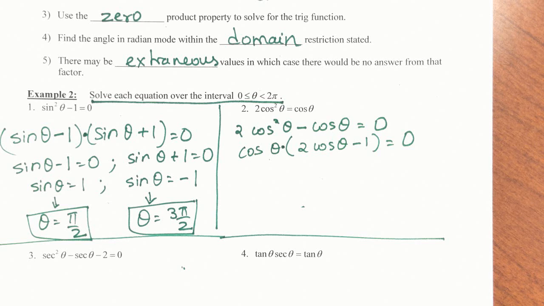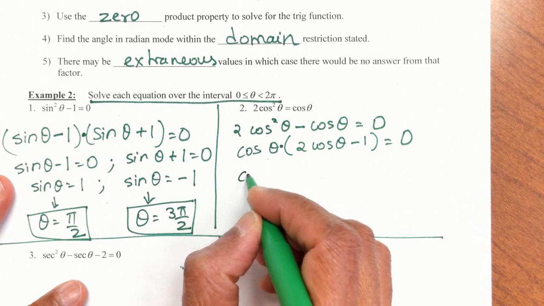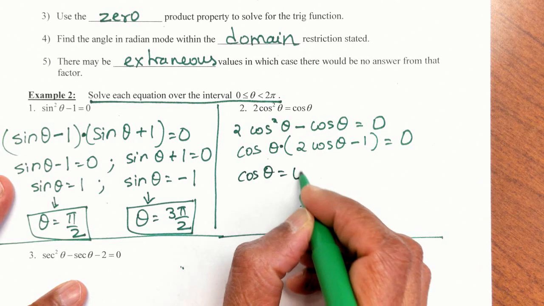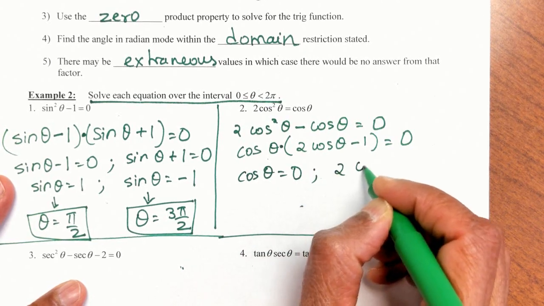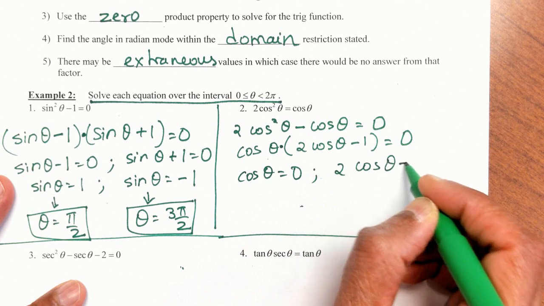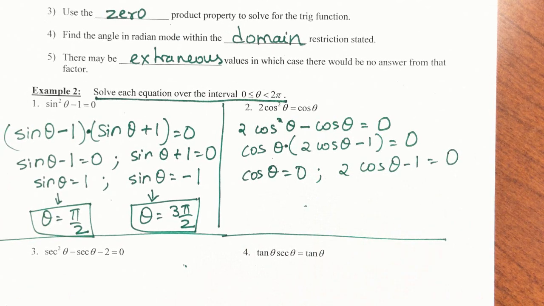Set each equation to 0 and then solve for theta. So basically you're doing the zero product property. If the product is 0, one or both of the factors have to be equal to 0.